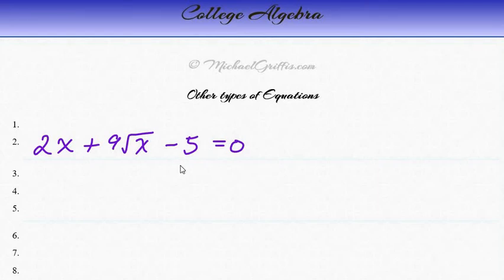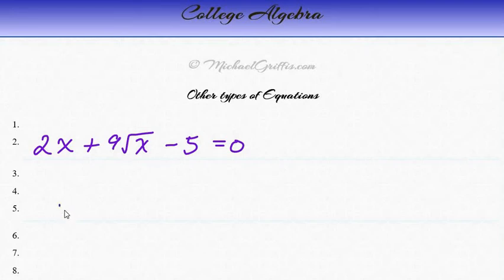Okay. So what we're going to do here is we got to figure out how to get rid of this radical. And the best way to do that is going to be to take this over to the right hand side.